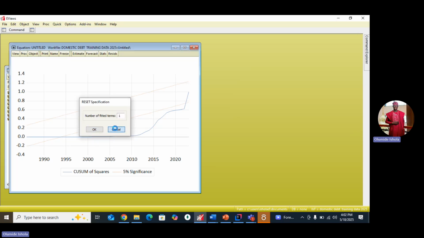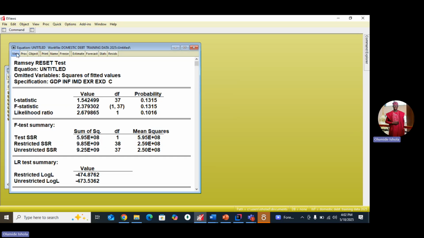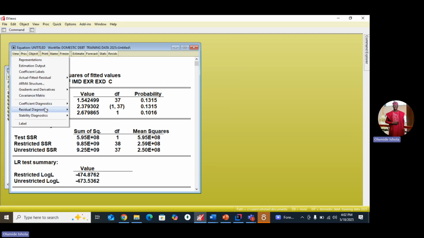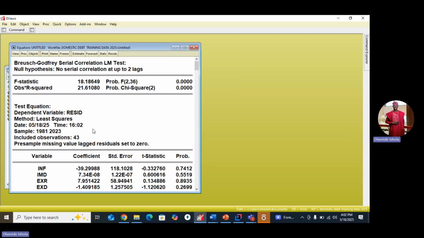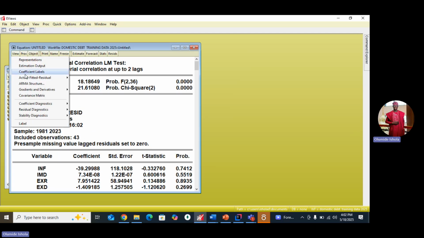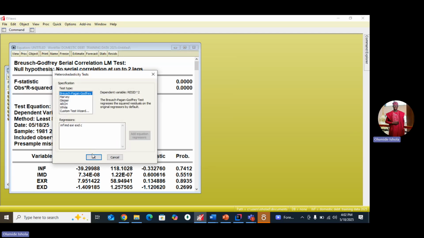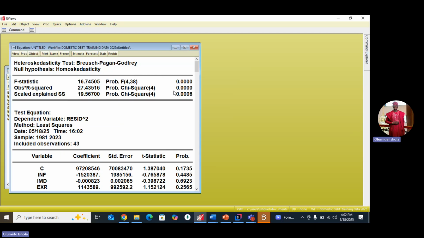These are the things you keep checking. You look at them and ask, what is my serial correlation saying? You can see my serial correlation is significant, even based on what the Bayesian shows. You look at the heteroscedasticity as well, and you find that using the Godfrey test, it is significant, so there's a large variance in this model.